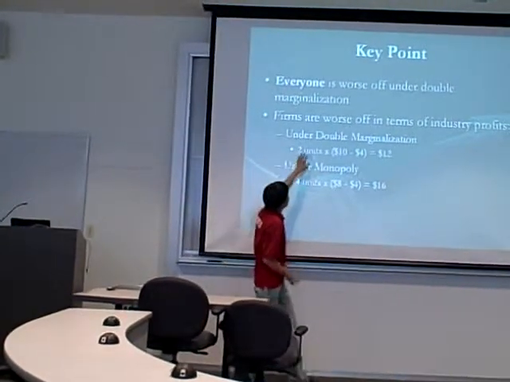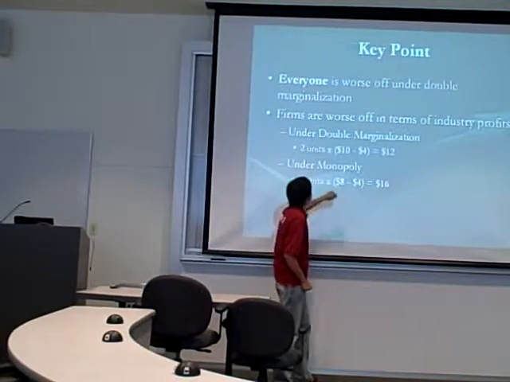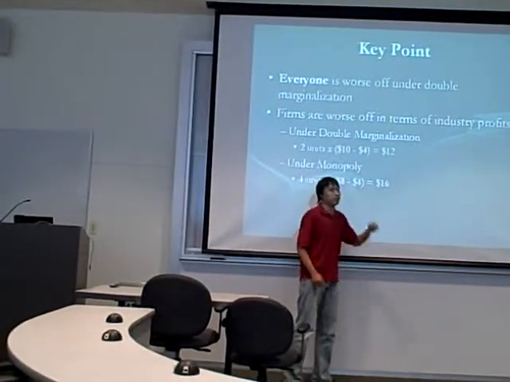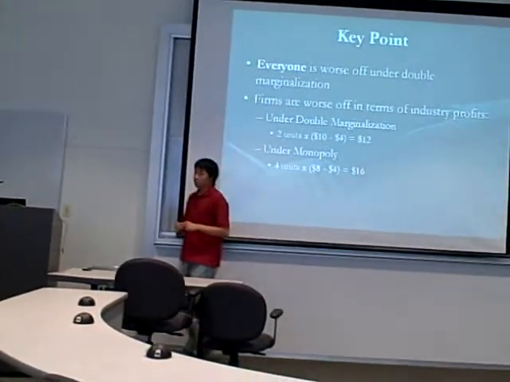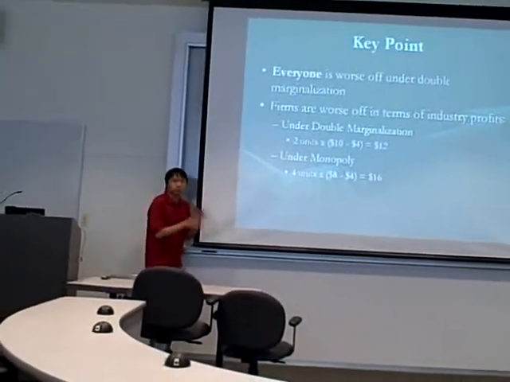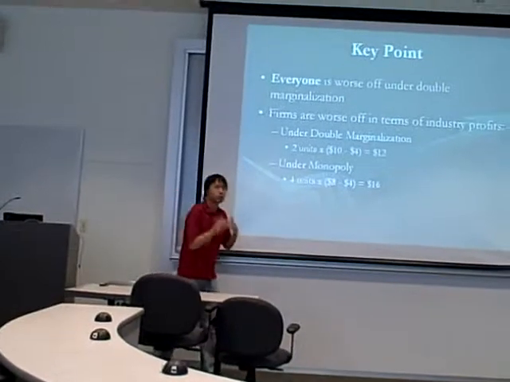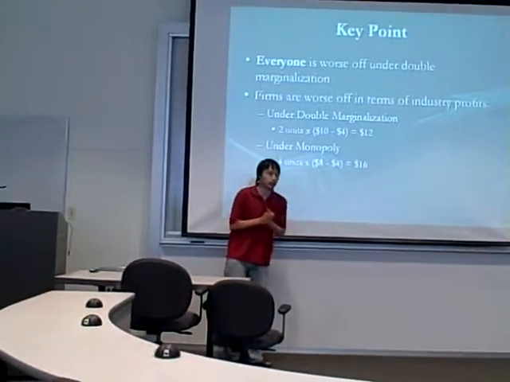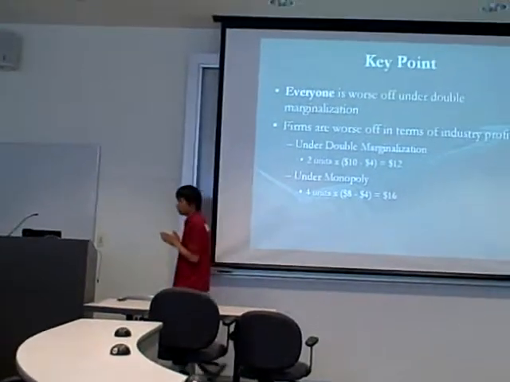But under double marginalization, the total profit is 12, while under the monopoly, the total profit is 16, which means that either of the two agents is actually worse off. Then we can call this double marginalization a prisoner's dilemma.